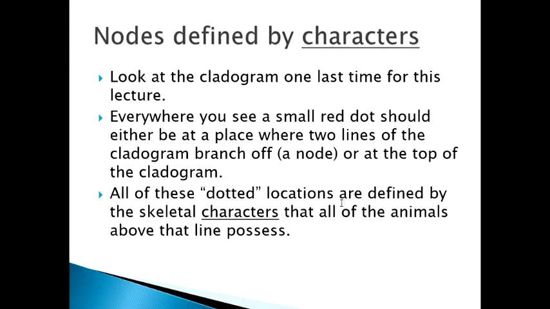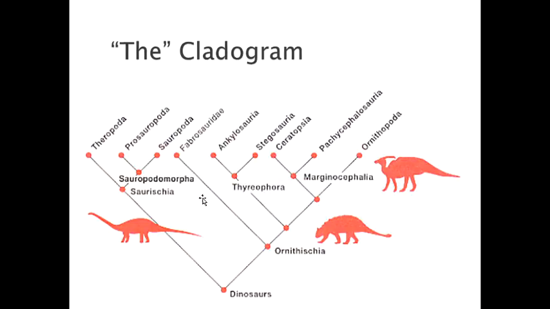Now, this is sort of refreshing your memory on what a node is and how it's defined by these characters. So again, above this node, we have Ankylosaurs and Stegosaurs, and they're defined by very specific things. But we have a few other organisms, weird ones, that have pieces of armor, but they're not truly Stegosaurs, not Ankylosaurs.